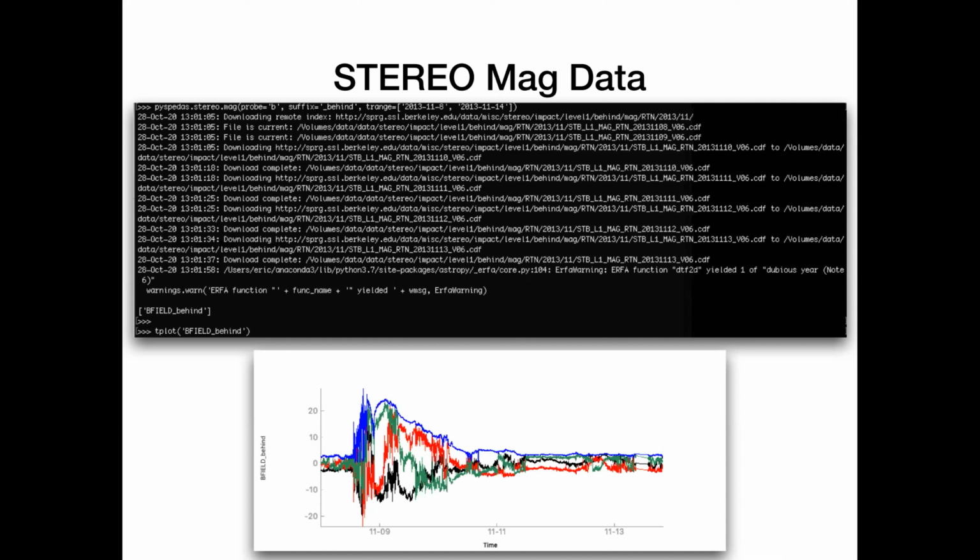Since the data files are daily, it looks like I already had 2 of the data files stored locally, and they were current. So it loaded those 2, and then went out and downloaded the data files for the dates I didn't have in my cache. Then it loaded the data into a tplot variable and appended the suffix underscore behind. And then I called tplot on this new variable, and it created the plot for the B field for the 6 days worth of data.